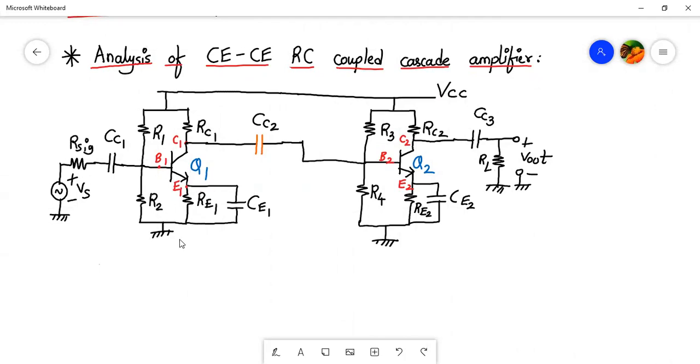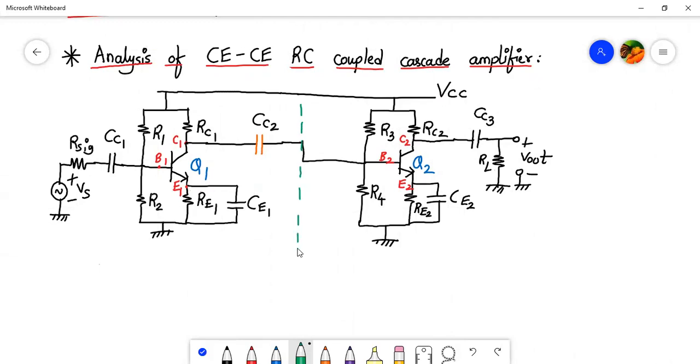This stage over here is my first stage. So let me mark it. So I'll keep it over here. Let me bifurcate this. This is my source, as we have discussed in the single stage amplifier. So we will call it the source.